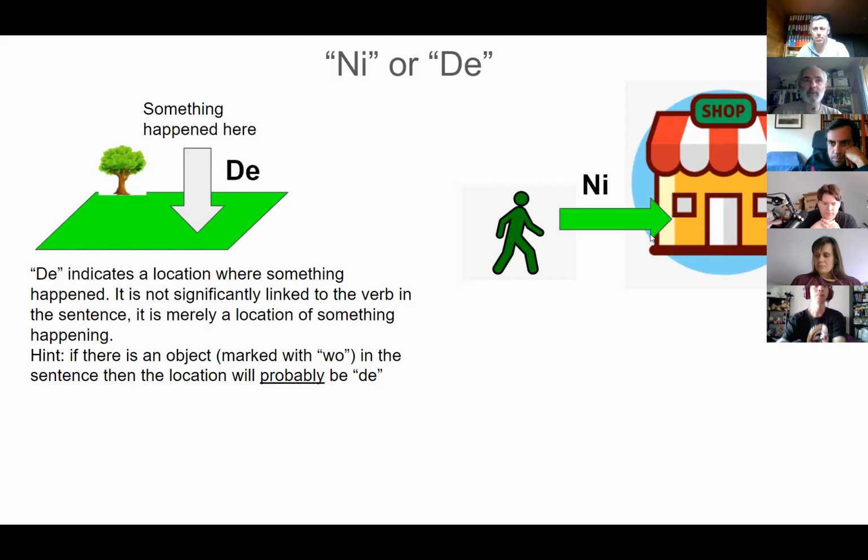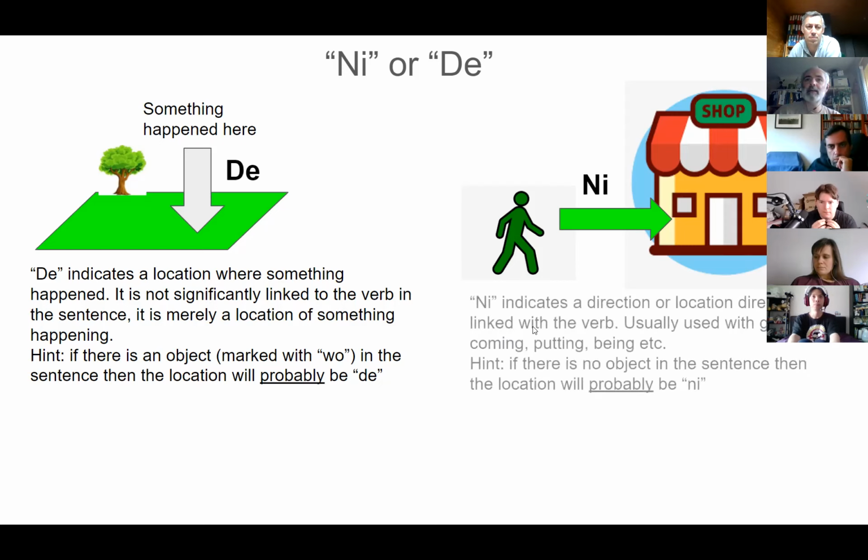Ni, as we all should be very well used to now, is used to mark the objective of when we're moving. So any moving verbs like ikimasu, iku, kuru, kaeru, modoru, and also transitive movement verbs as well. So ageru, watasu, to pass across, kaesu, to give back, kureru, kudasaru, these are all ni markers.